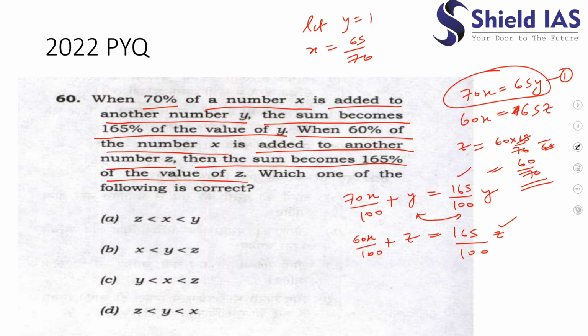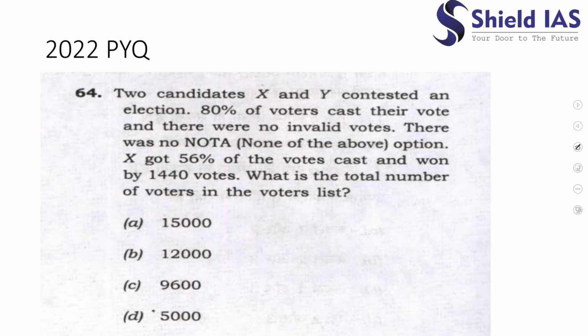This is the equation. And here again 60% of the number x is added to another number z, then the sum becomes 165% of the value of z. So it becomes 65z equals 60x, right? Okay, so the lowest number is z, then x, then y. Yes, so the correct answer would be A.